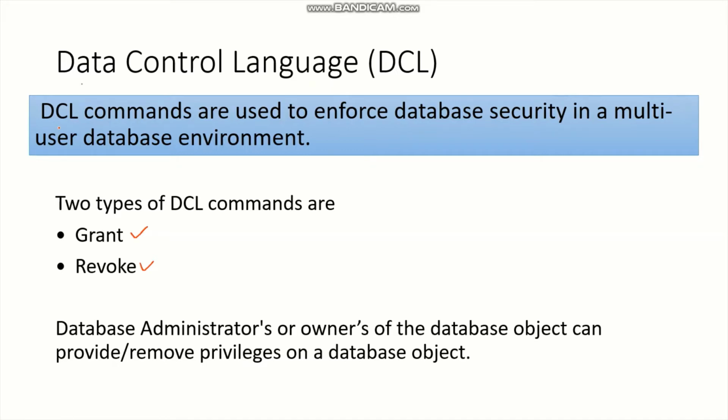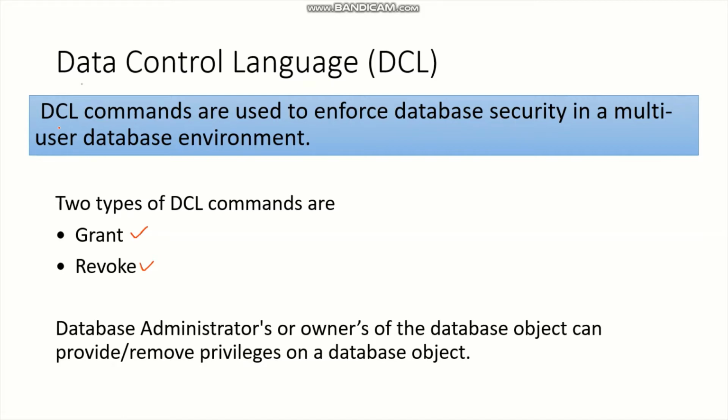So about DCL, we have a definition. DCL commands are used to enforce data security in a multi-user database environment. We have two commands, grant and revoke. Actually, the database administrators can provide or remove privileges on a database object.